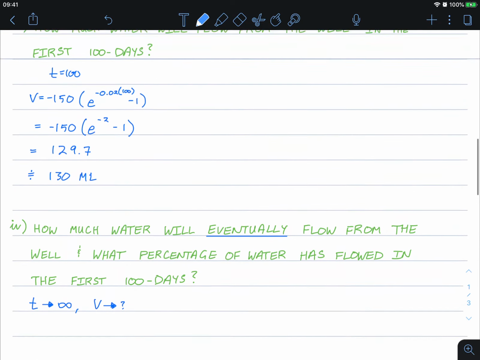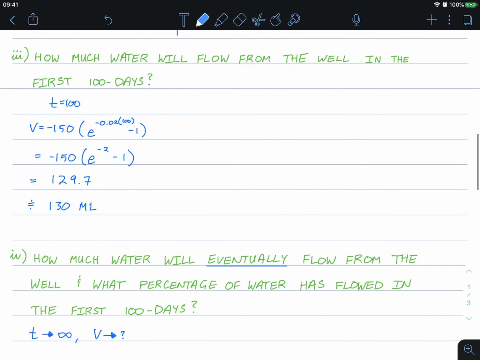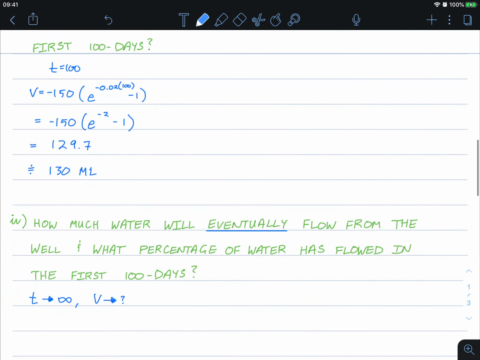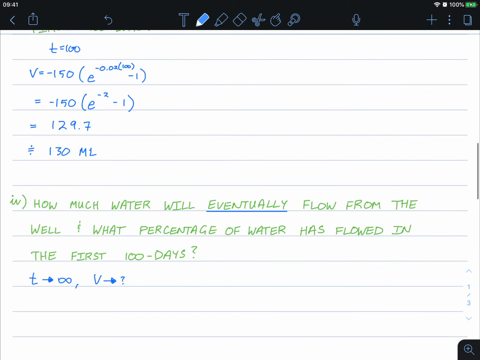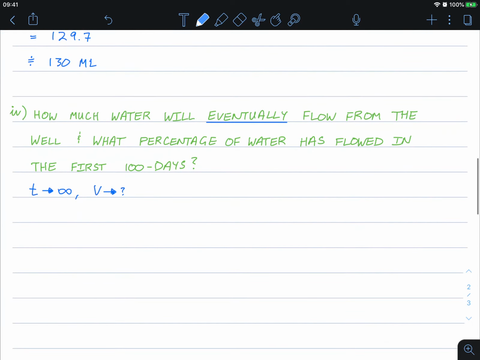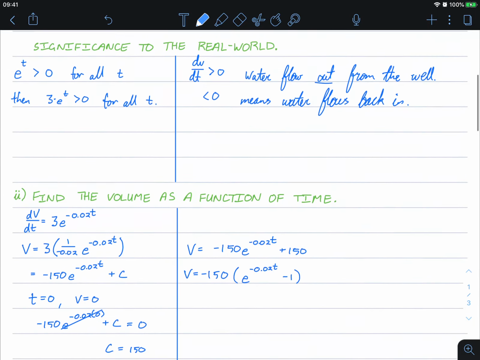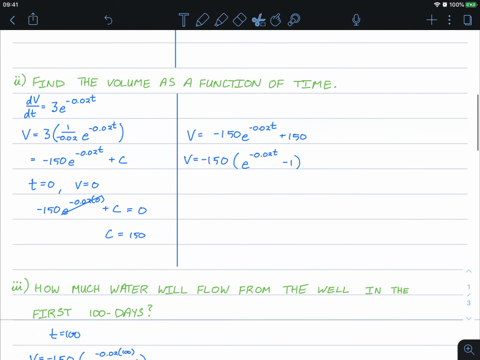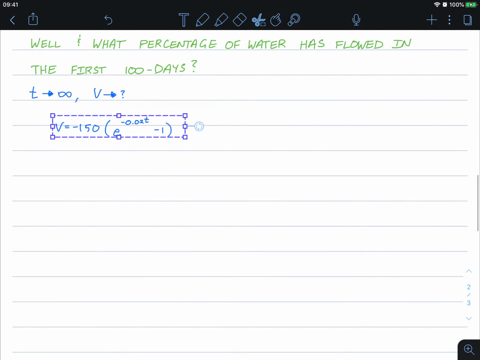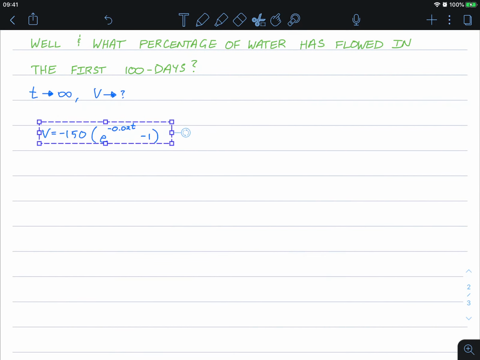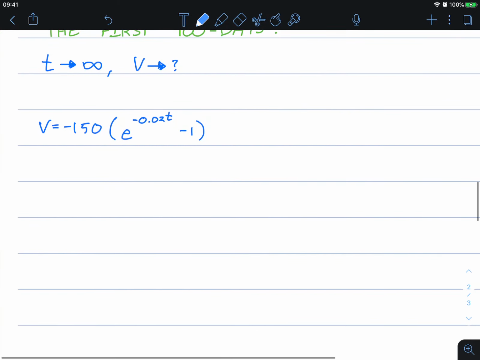One of two ways you can do this is just graph the function, or in this case I'm going to be substituting larger and larger values of t. So here's my volume here. Let's simulate what happens when we let t approach infinity.